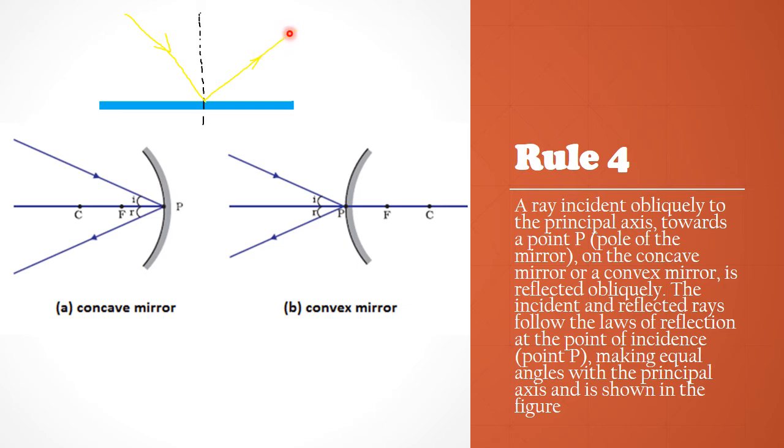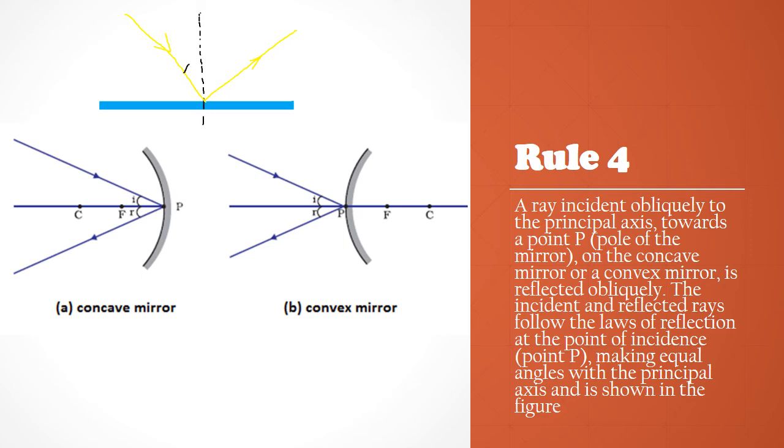Now the first law of reflection. According to this first law, the angle made by your incident ray and the normal is known as your angle of incidence.